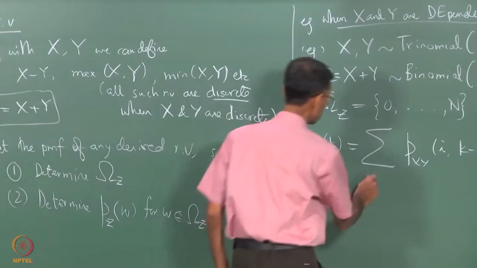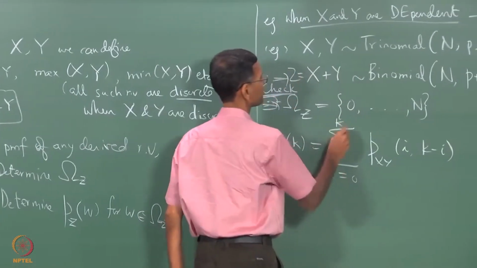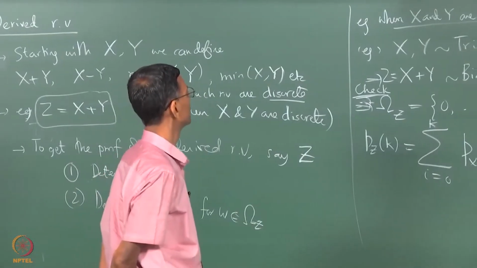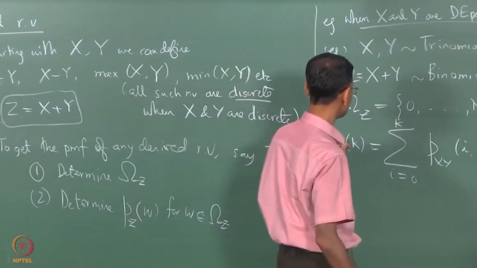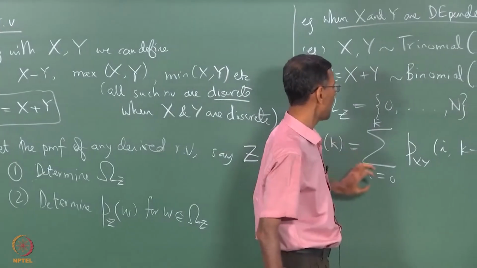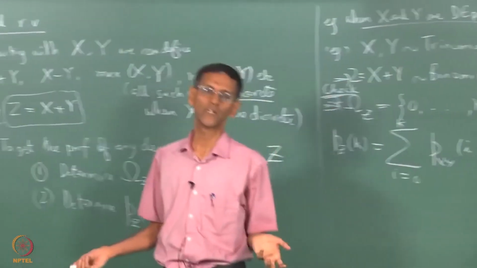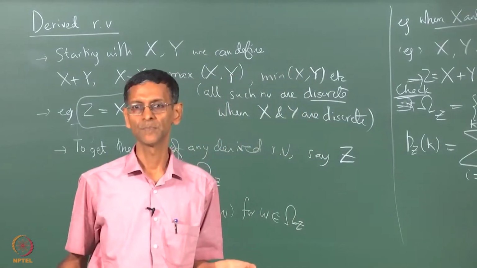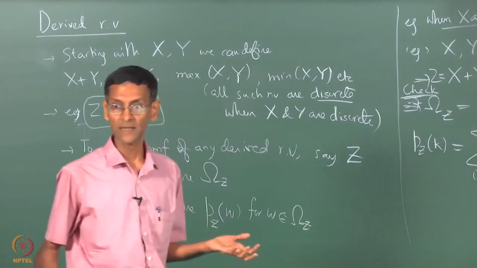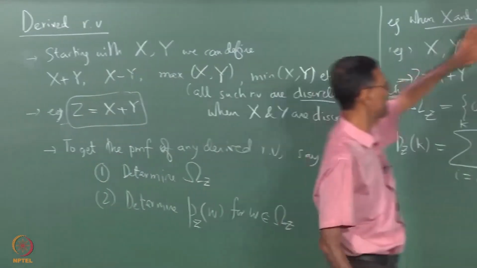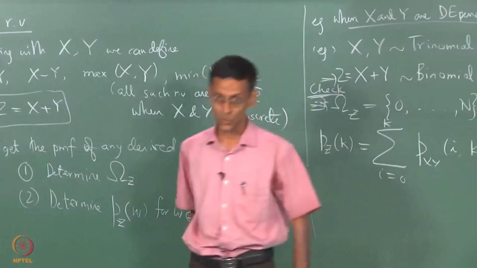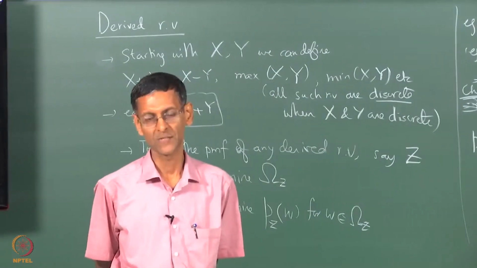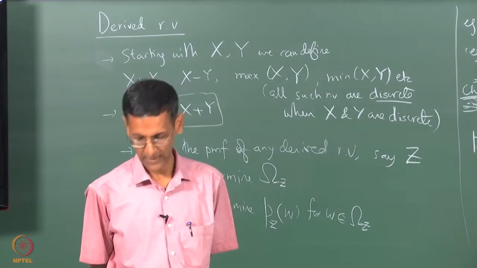So again I go from 0 to k. Remember we are looking at the probability that z equals k. So if z is k, x cannot be more than k, x can be at most k. But here, because they are dependent, this cannot and will not factorize into px of i times py of k minus i. That is the most important difference between that and this.